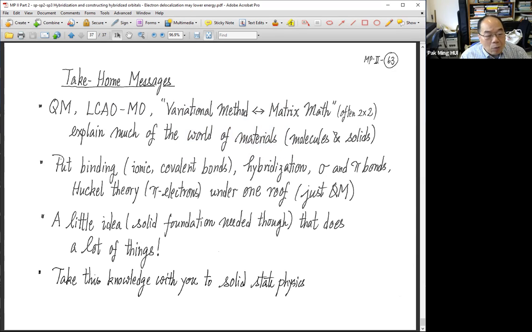And then we don't need to remember bonding as an empirical business. Remember, oh, this is covalent, this is ionic, this is single, this is double. No, it is LCAO, quantum mechanics, seeking a solution to the Schrödinger equation, and we can put all this on equal footing, or under one roof.